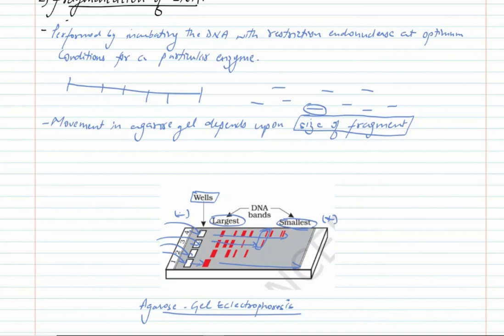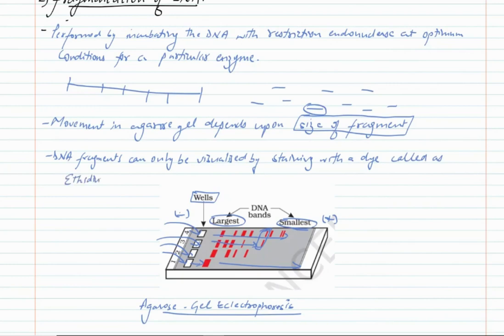After performing agarose gel electrophoresis, we will have to visualize these DNA fragments. DNA fragments can only be visualized by staining with a dye called ethidium bromide.